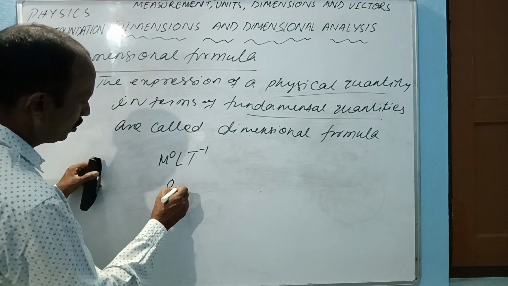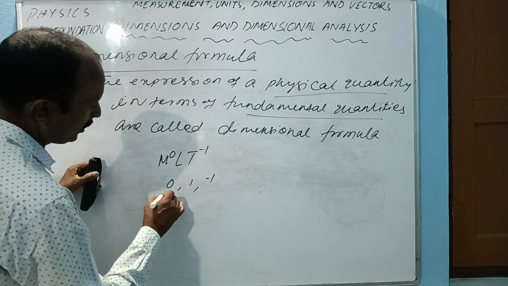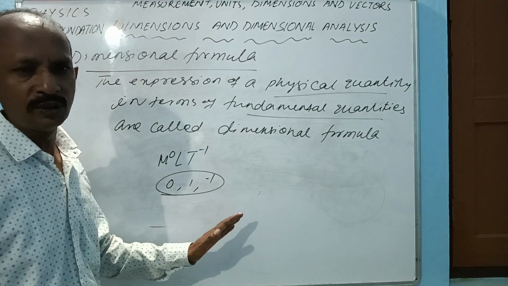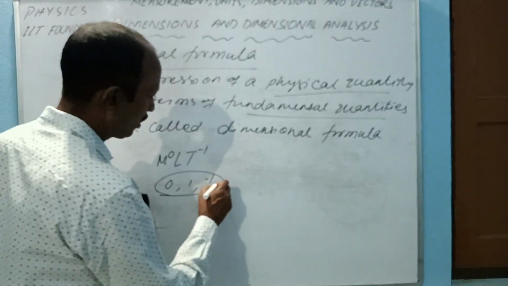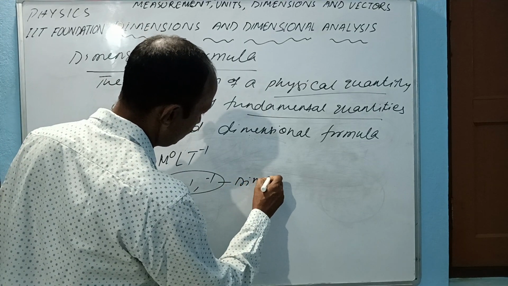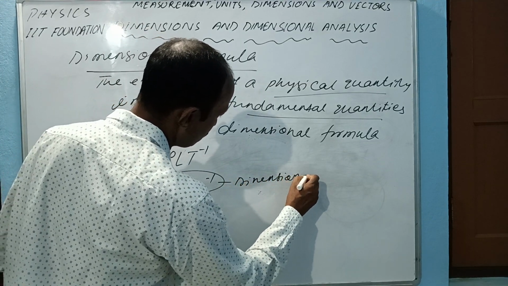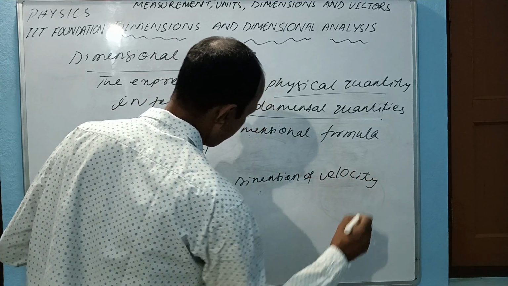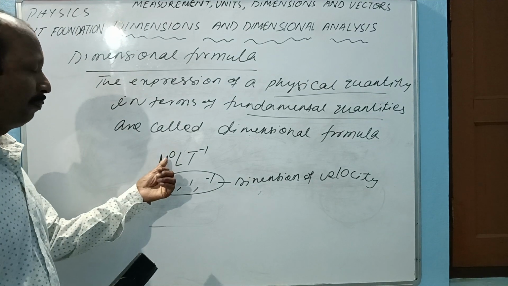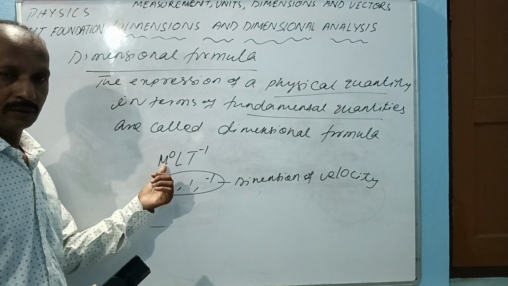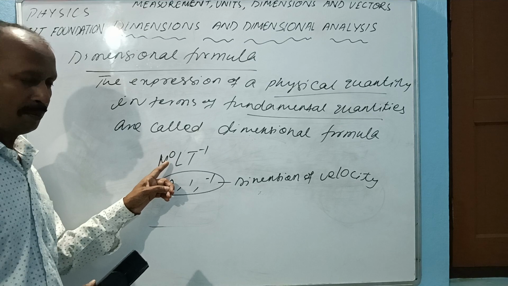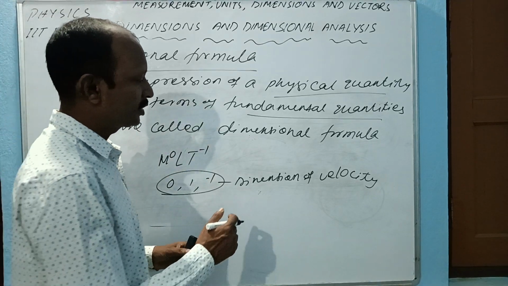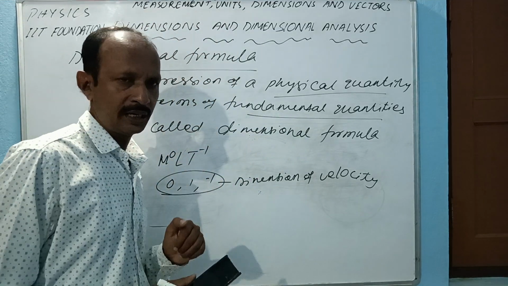So this 0, 1, minus 1, these are called the dimensions of the physical quantity, or I can say these are the dimensions of velocity. Okay, the powers to which the fundamental quantities are raised are called the dimensions of that physical quantity.